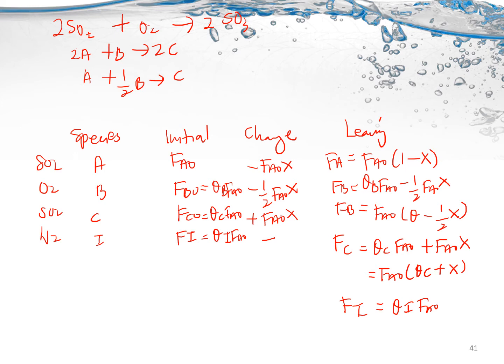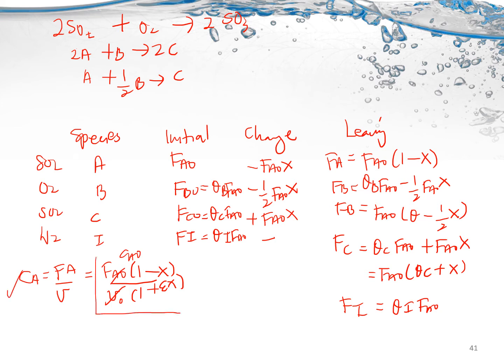For example, for A, CA is equal to FA over the volumetric flow rate, which is equal to FA0 (1 minus x) over V0 (1 plus epsilon x). Okay, so this one would be CA0. So we have CA is equal to this equation.